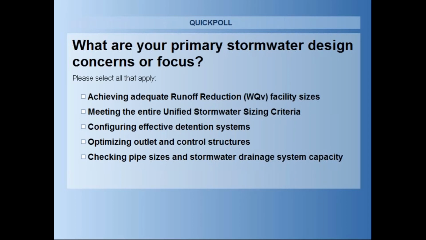So go ahead and read through the options and click on ones you might have as your primary focus. There's simply achieving the runoff reduction, sizing, optimizing for detention basin only. You can click more than one, so you might have a couple of these pretty routinely. Maybe there's just one. Maybe you're only looking at sizing pipes and that's it.